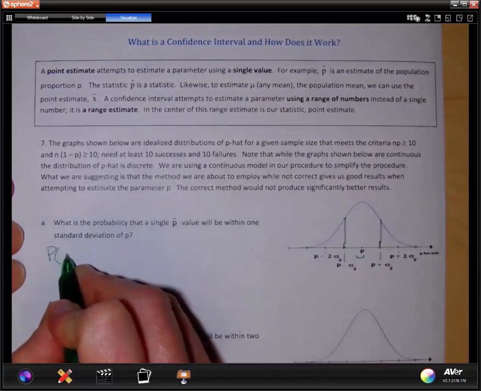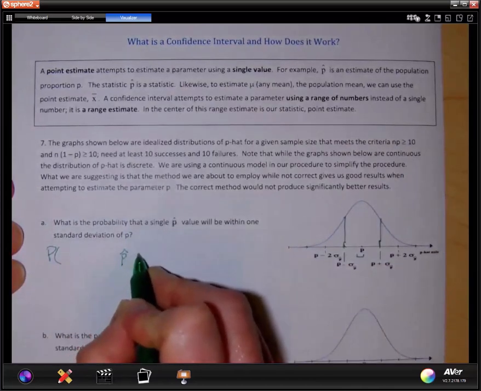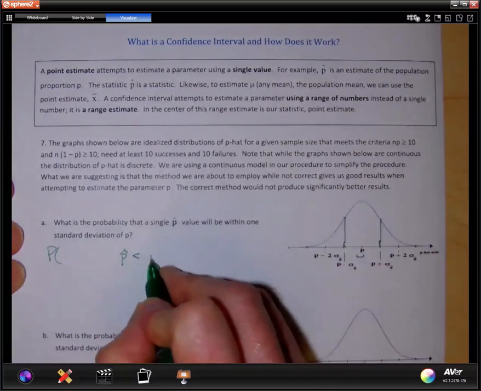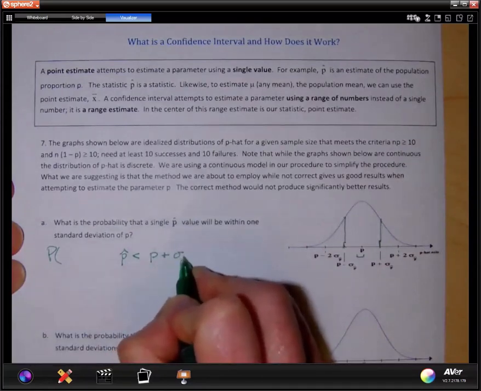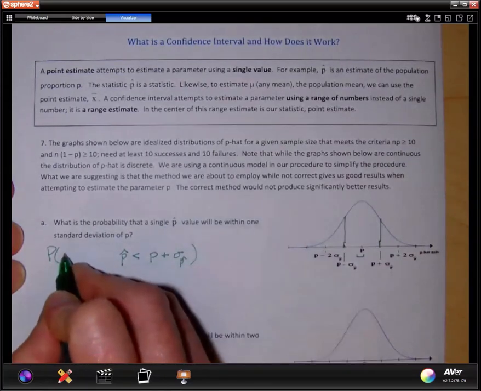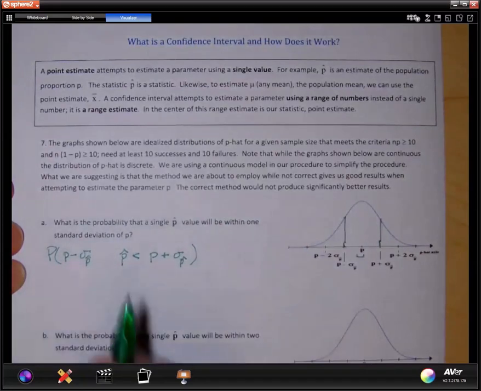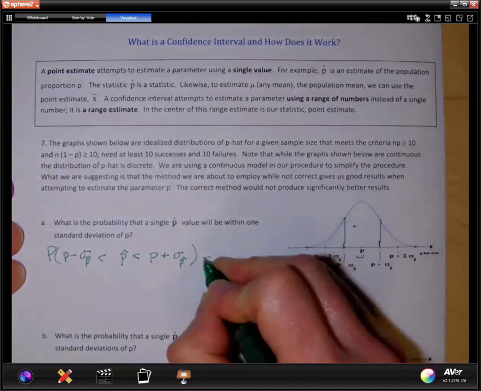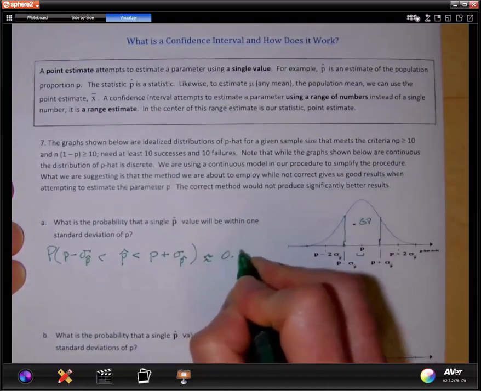What is the probability that p-hat is within 1 standard deviation, meaning p plus 1 standard deviation, or p minus 1 standard deviation, to the left or to the right within this boundary? And the answer, I hope you'll recognize, is roughly 68%. And that's all I care to do right now.